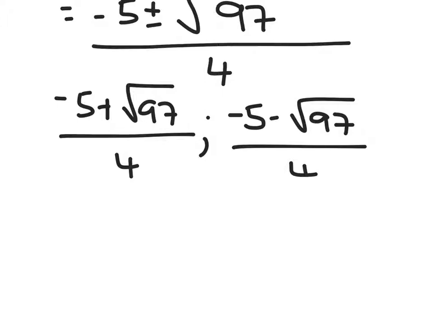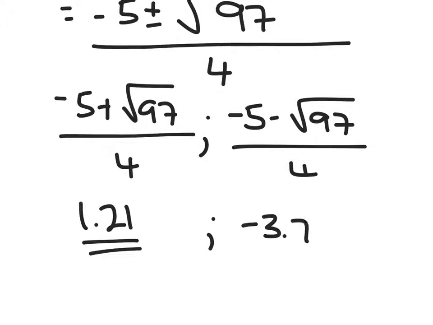Okay, so 1.21, first x-intercept, and then I'm going to do minus 5 minus the square root of 97, and divide that by 4. Minus 5 minus root 97, divided by 4 equals minus 3.71.